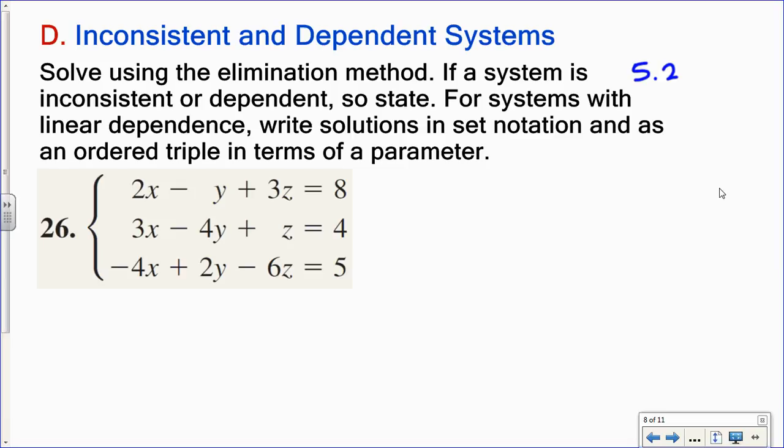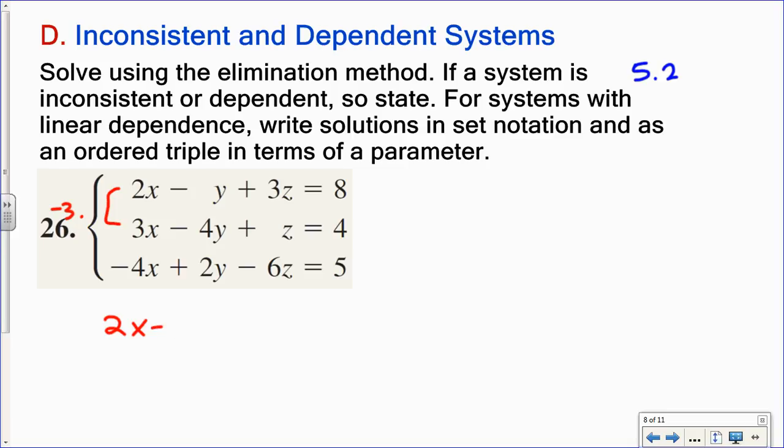All right. So I see I have 3 equations, 3 variables. None that just jump out as really easy. I'm going to pick the top 2, and I'm going to multiply by -3 so I can get rid of this z.